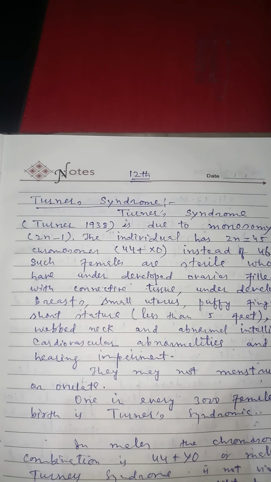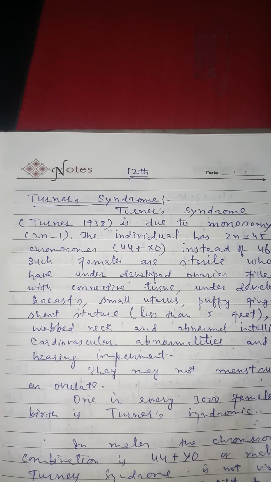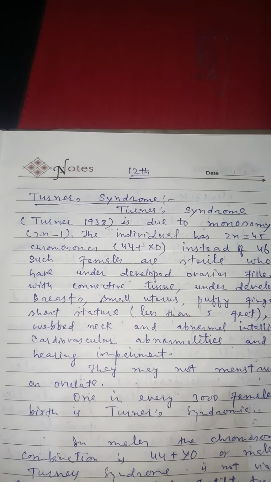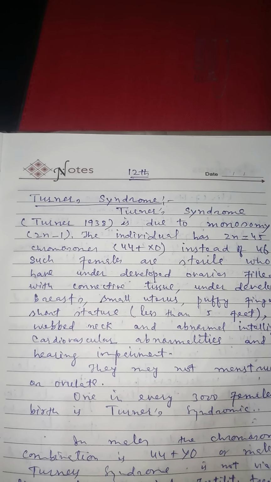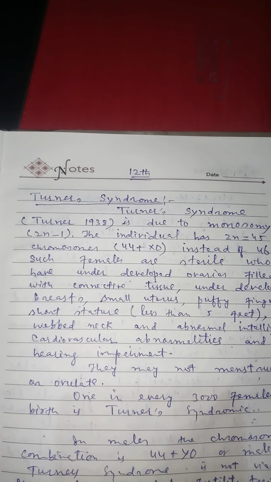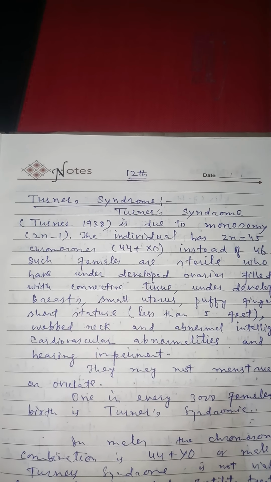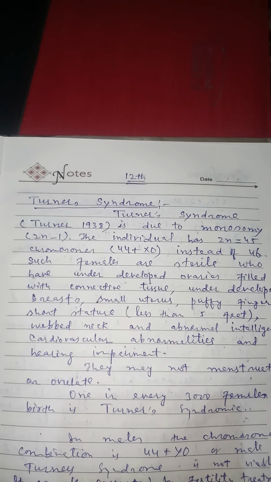Suppose I am saying here that the individual has 2n equal to 45, not 46 but 45 chromosomes, because there is absence of one chromosome.